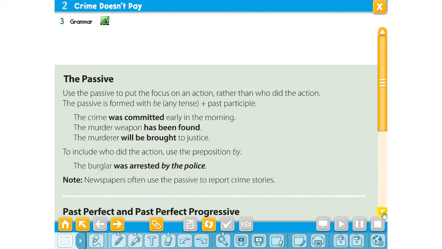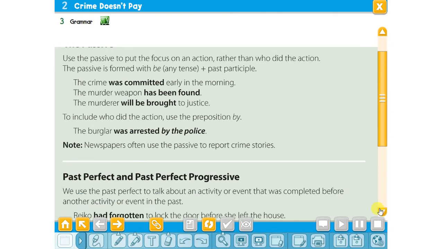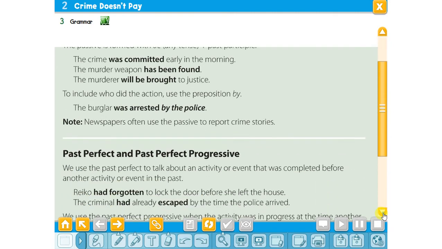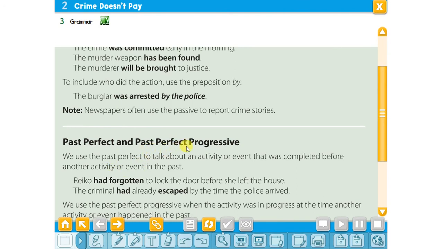Okay. Now, here we have to differentiate between the past perfect and the past perfect progressive. The past perfect is had plus verb 3.